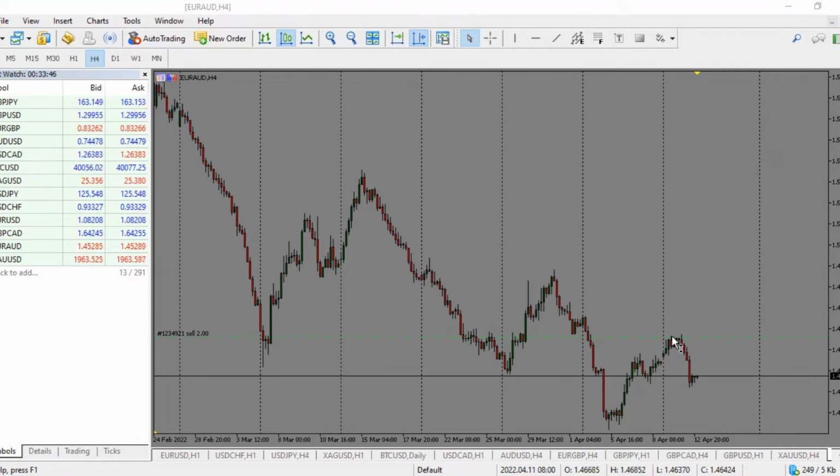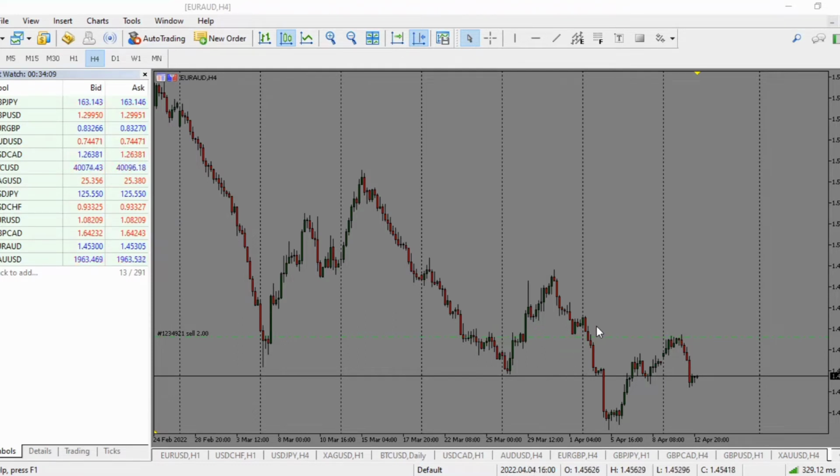From this last higher high, it sold. So what are the things that we look at? Some of us will say it's because of this ceiling or order block that is here. It might be part of it, but not only the order block. There are still some other things that we watch out for.